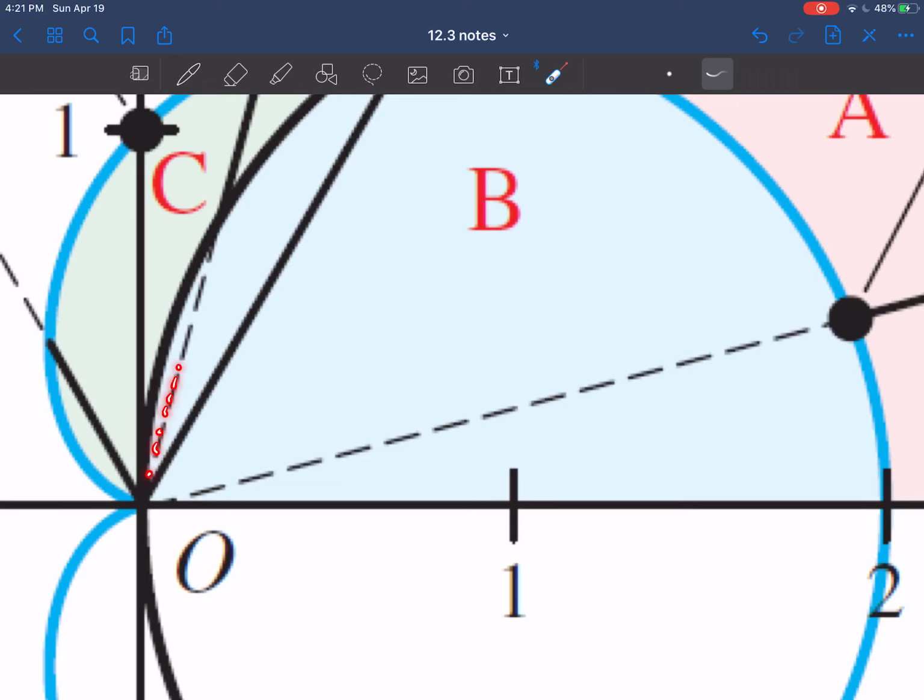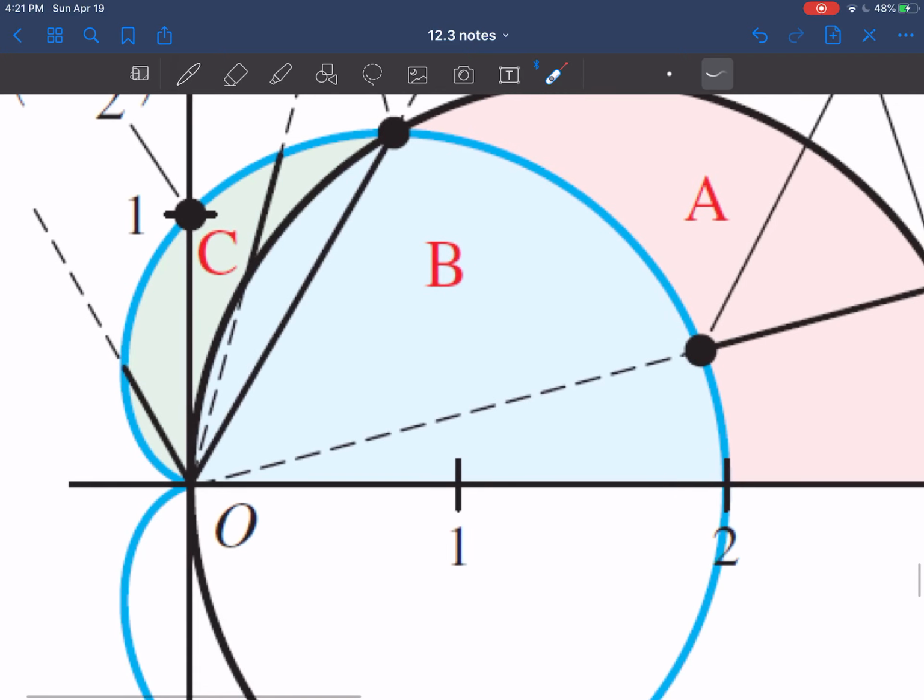We start in region B. That indicates that there is an inner function here. It's not just 0 like it was for the second example. So the inner function is this function, which is our circle. So our circle is the inner function, and the outer function is the cardioid.